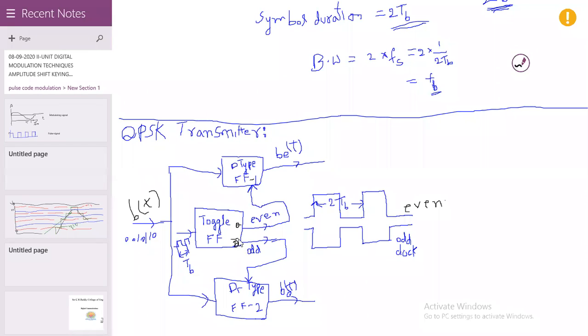So at the positive going edge only, the D-type flip-flop can be activated.